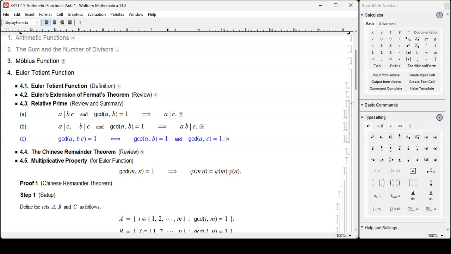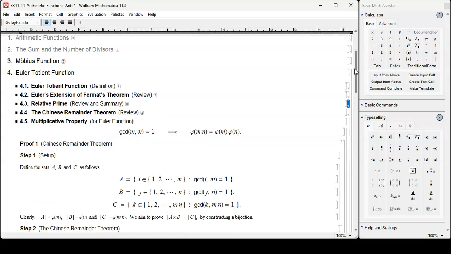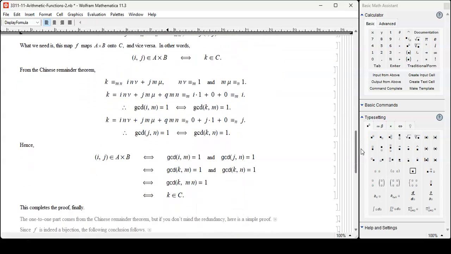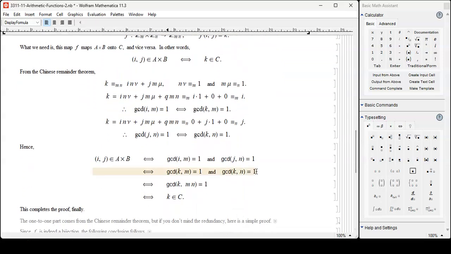Change of characters, instead of A, B, C, we have k, m, n, that's all there is. So we can reduce it like this, and now it's clear. That's the same as k belongs to C.